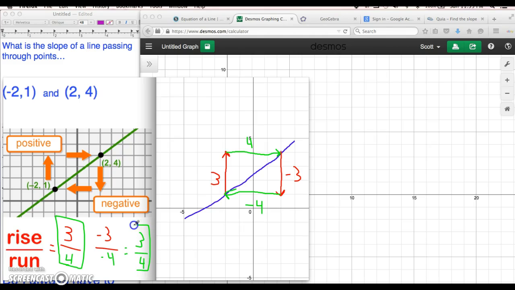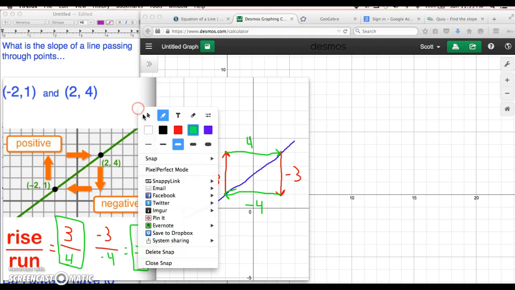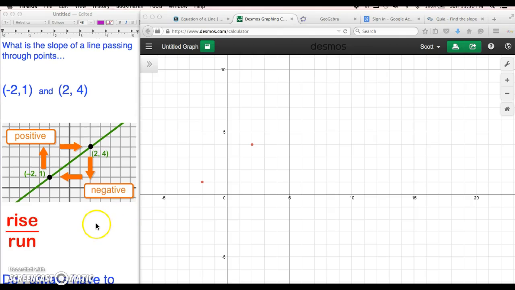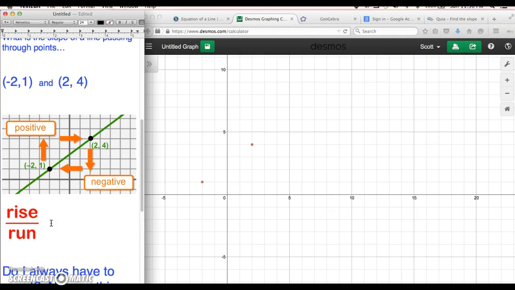The slope of a line is constant, so it doesn't matter where you start and where you end. As long as you use the graph right here, you'll be fine. Equals 3 over 4. Good.